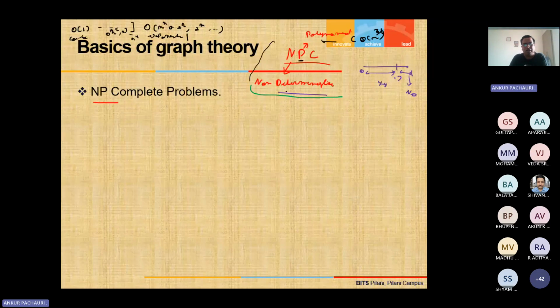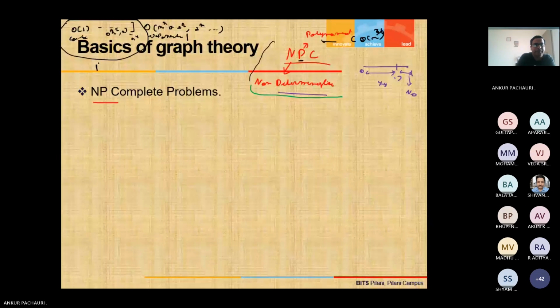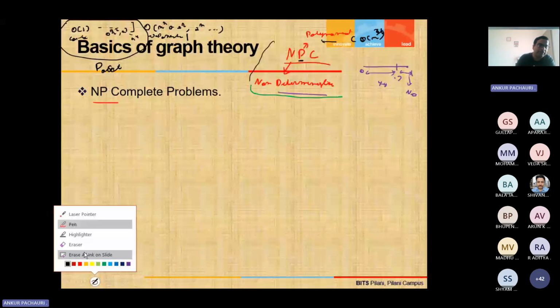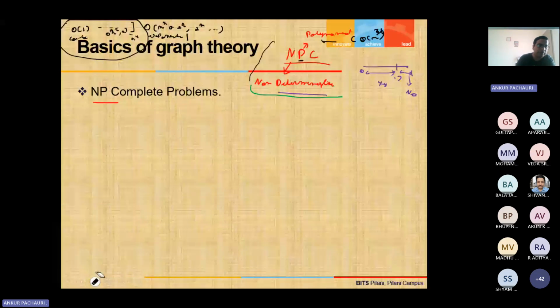So for non-deterministic polynomial, all the algorithms from 0 to this set will be called the P set, meaning polynomial time algorithms. No, I should not say P set, because it might lead to confusion with P space problems. Polynomial time.